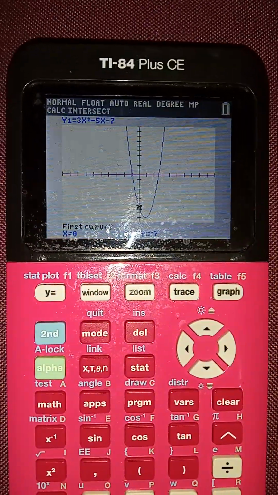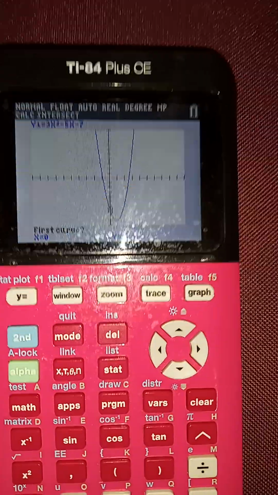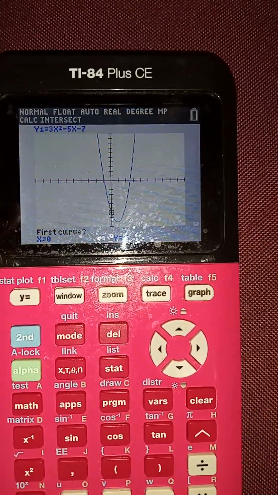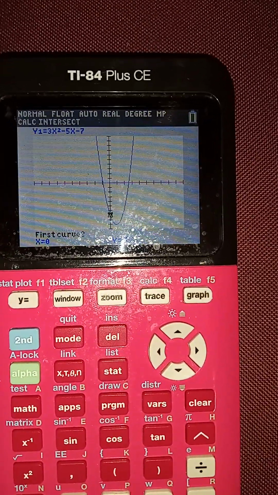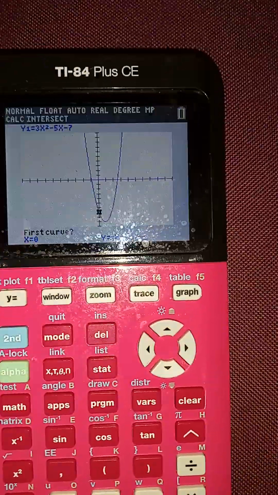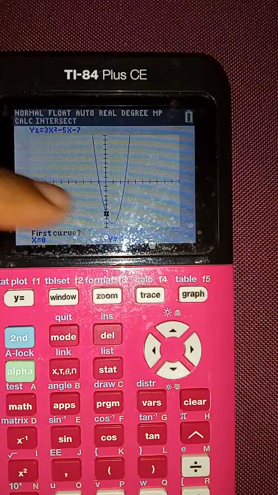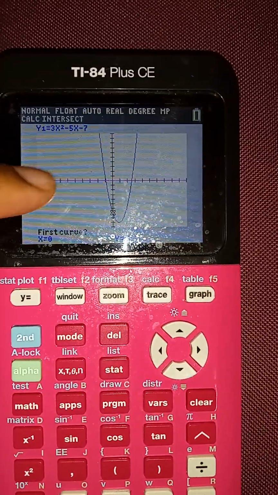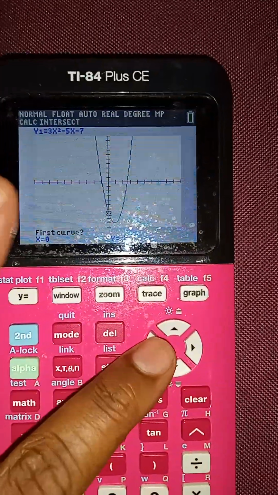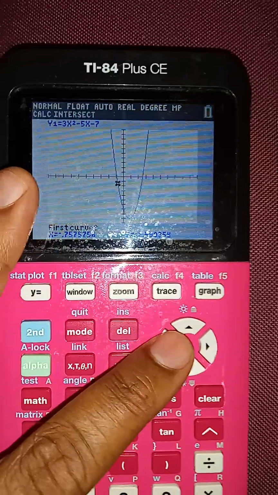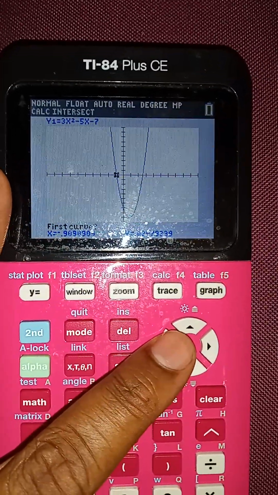And you see the purple line represents the x-axis. Okay. And then straight up and down is the y-axis. We want to find out where this blue line intersects with this purple line here.